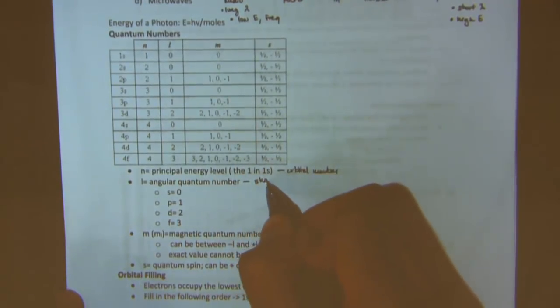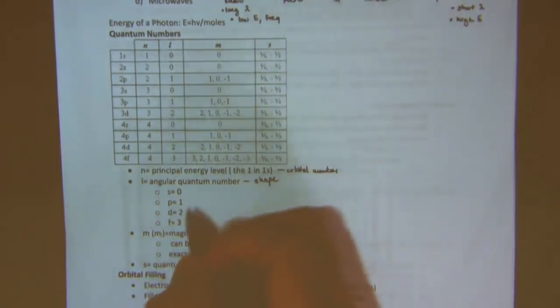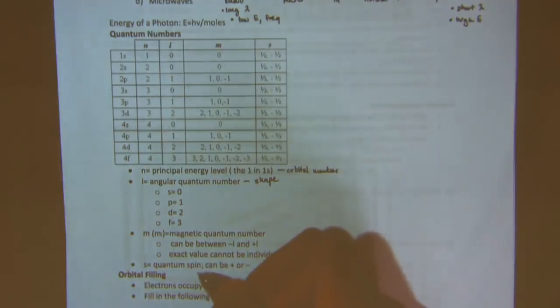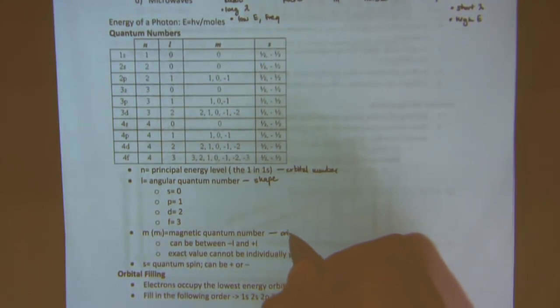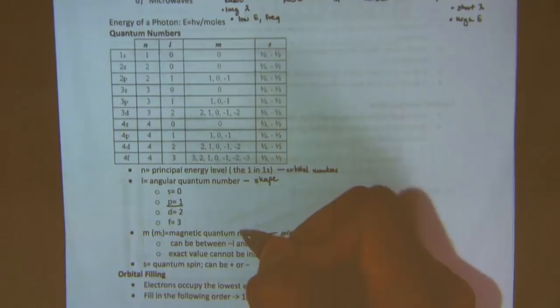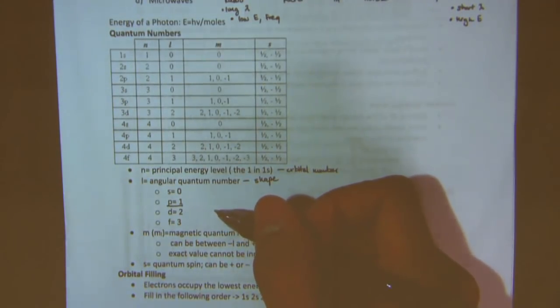l is the angular quantum number, and this tells us the shape. For s it would be 0, for p it would be 1, d is 2, f is 3. These make sense because when we go down to m subscript l, the magnetic quantum number, this tells us the different orientations they can take. For instance, take this p equals 1 value. What kind of shape do p orbitals have? Dumbbells, right?